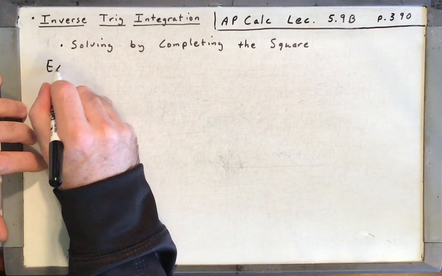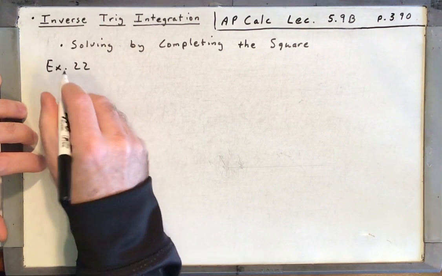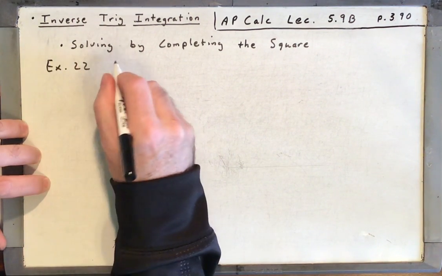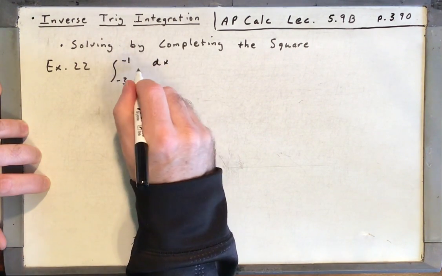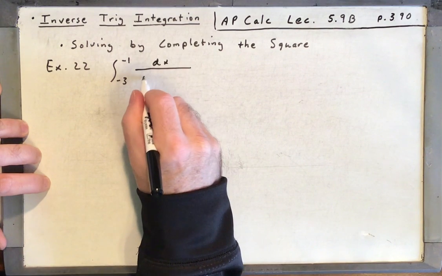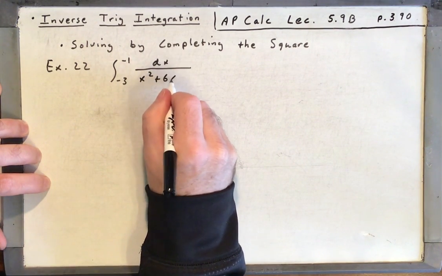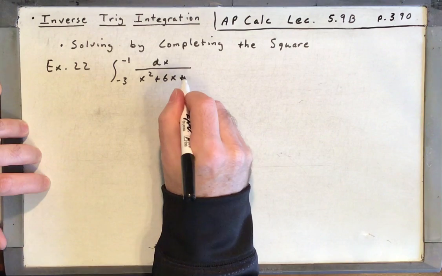So this is example 22. We're going from -3 to -1 of dx over x squared plus 6x plus 13.